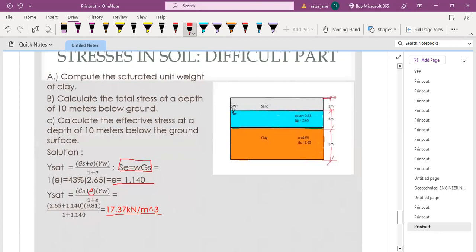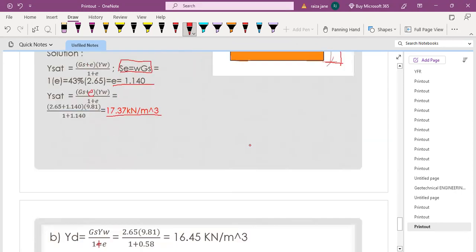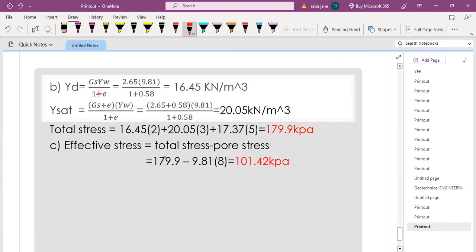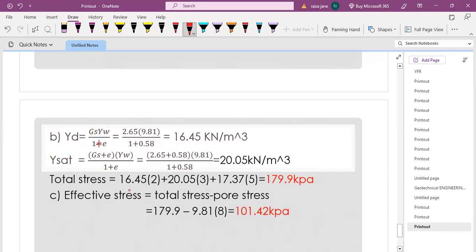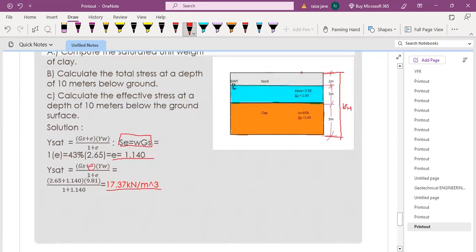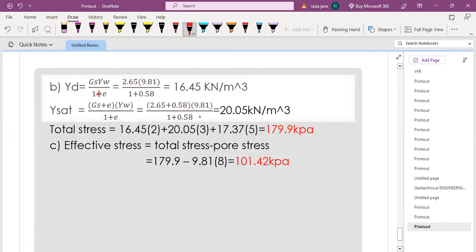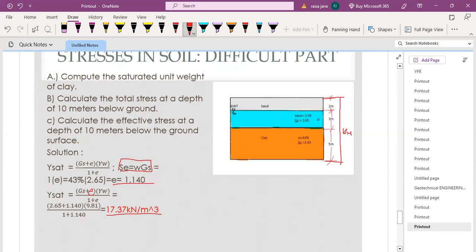Below the ground. Ito yung surface natin, tapos ito yung ground natin. And then 10 meters siya. So, 16.45 multiply natin dito sa height niya na 2, plus yung 20.05 na unit weight saturation tapos i-multiply natin dito sa 3.